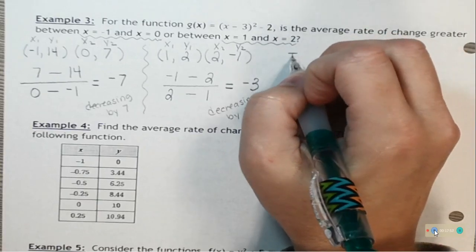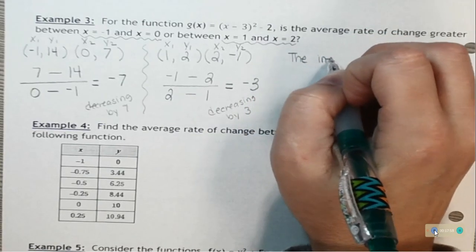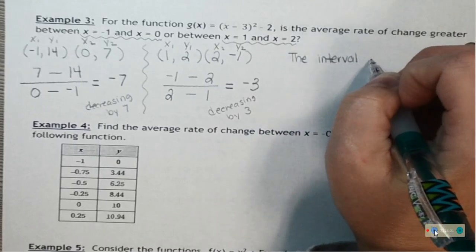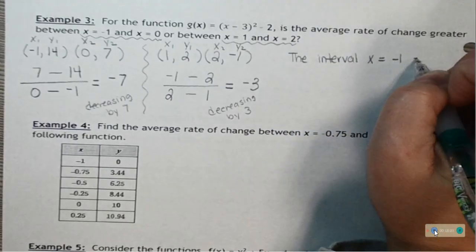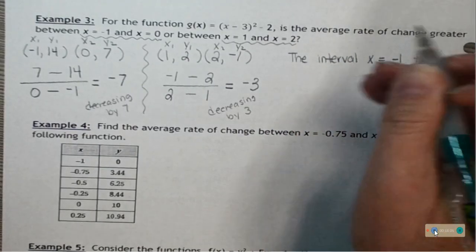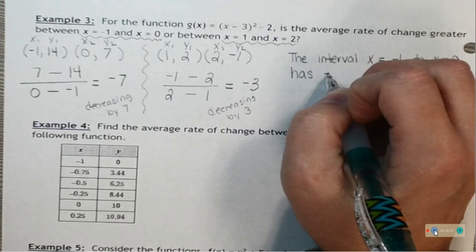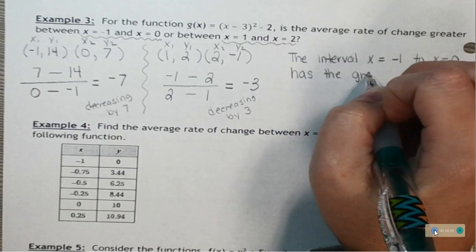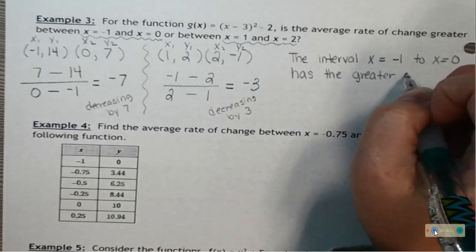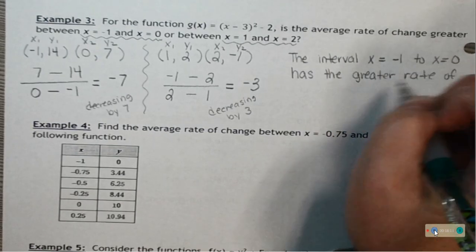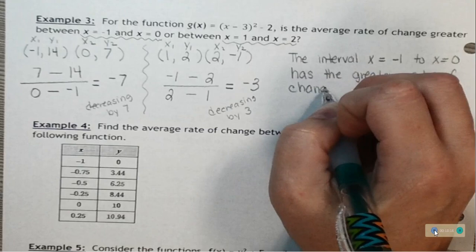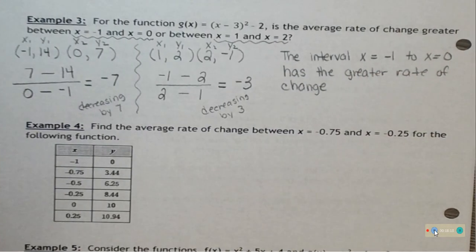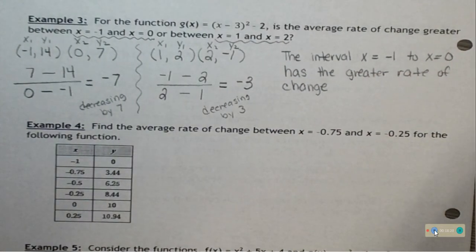So you got to write that statement: x equals -1 to x equals 0 has the greater rate of change. Now, we're going to write a reason so that when you look back at this, you know why we chose it.